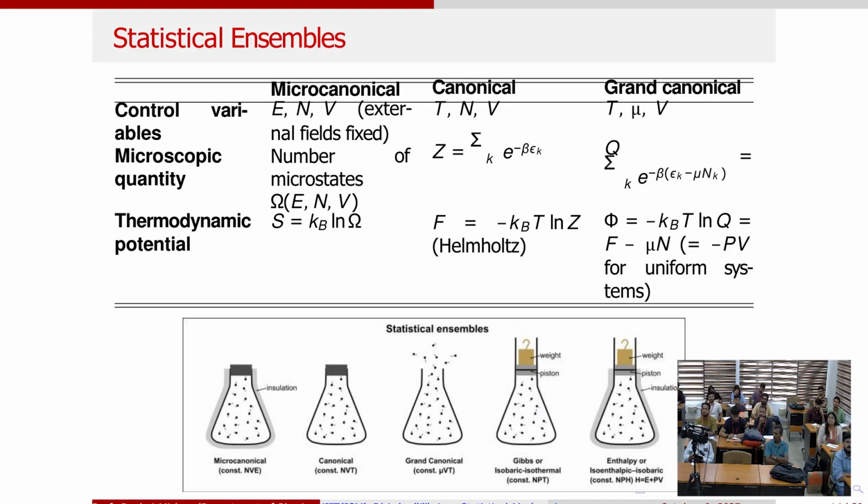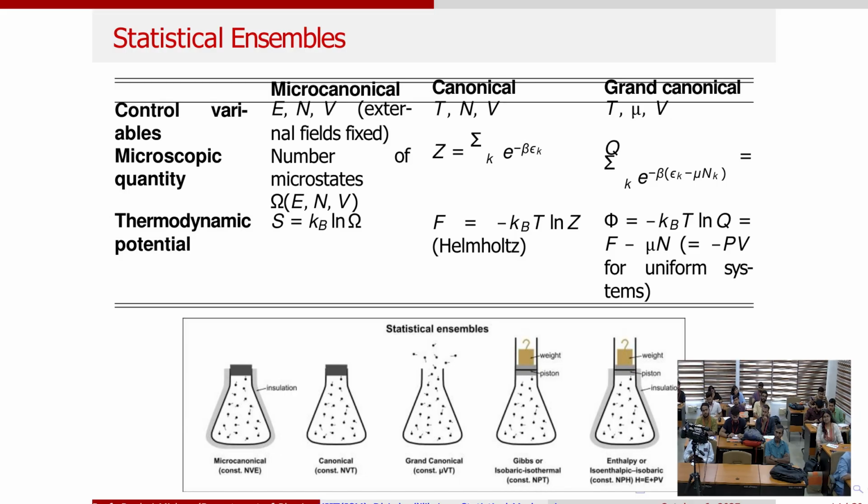Okay, so you already know that there are 3 different kinds of ensembles we talk about: microcanonical ensemble, canonical, and grand canonical. What does it mean? I will tell just this thing and then we will finish.